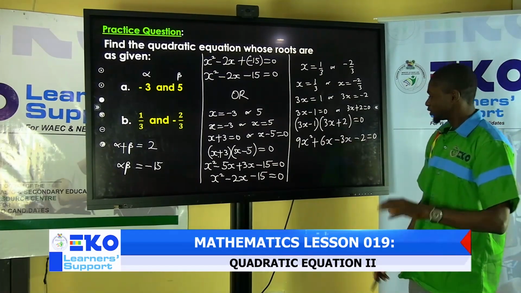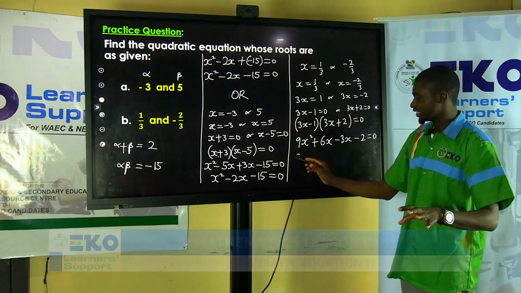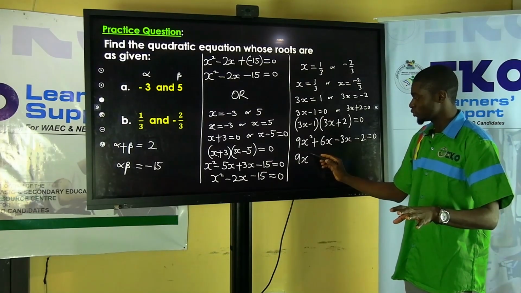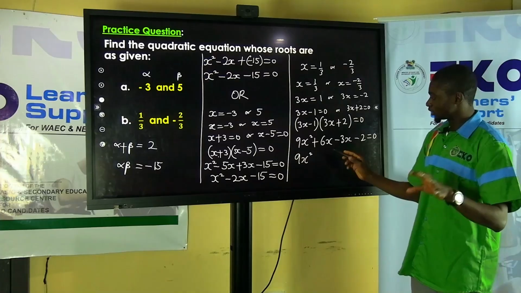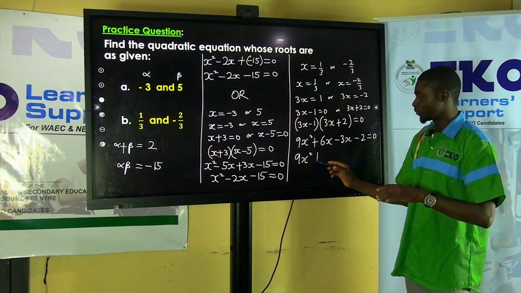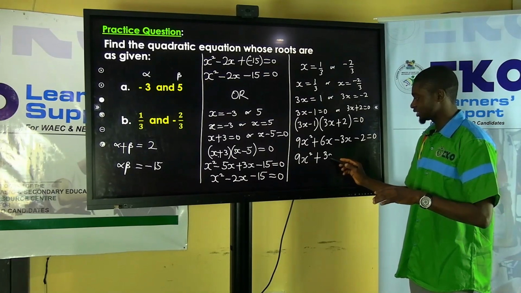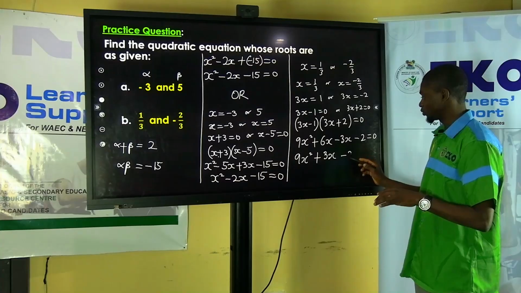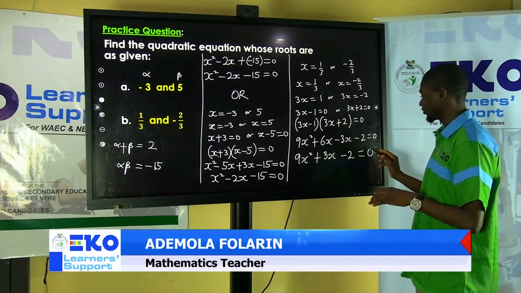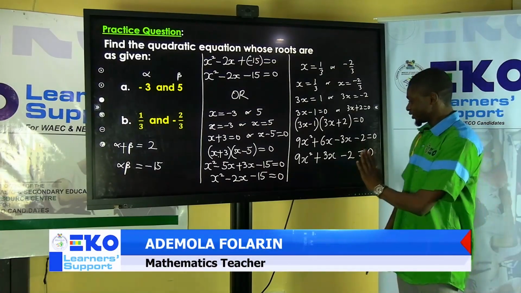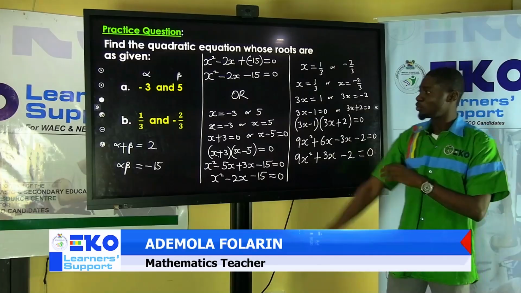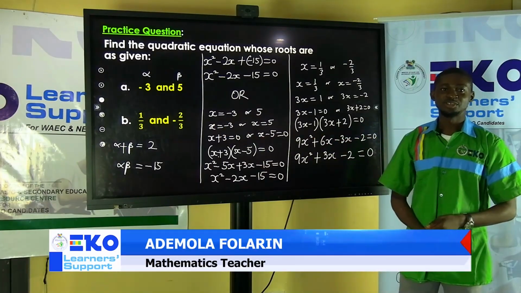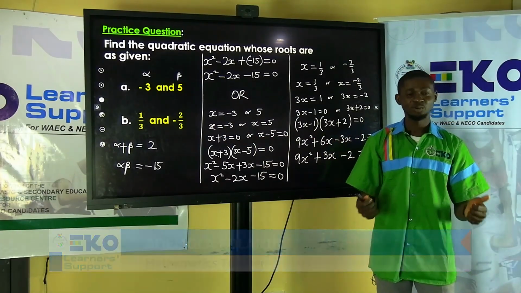Interesting. So we now look at it. This 9x squared is the only one with x squared, plus 6x minus 3x. That will be plus 3x minus 2 equals 0. Fantastic. So that is the equation that holds these quadratic roots. You enjoy it, right? Good.